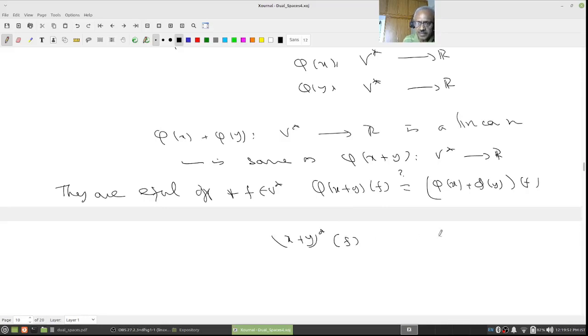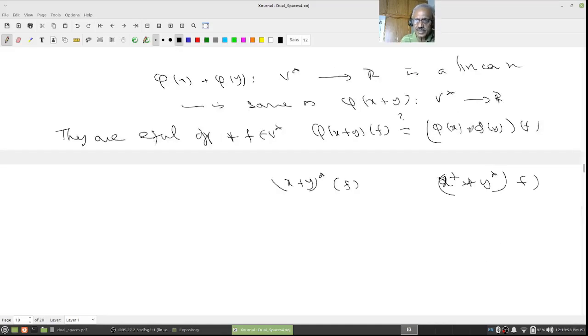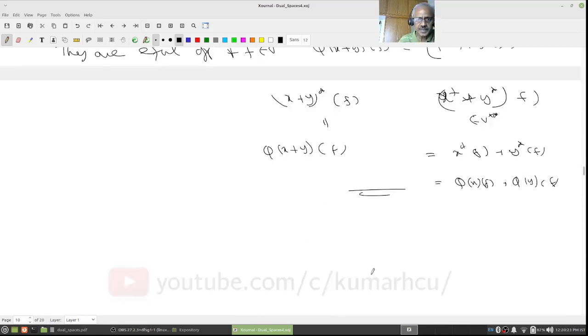This is x star plus y star acting on f. Now remember x star, y star are in V double star. Therefore, what is the meaning? This is x star acting on f plus y star acting on f. Right? You understood that? But this is phi of x acting on f, phi of y acting on f, and this is phi of x plus y acting on f. So we proved it.